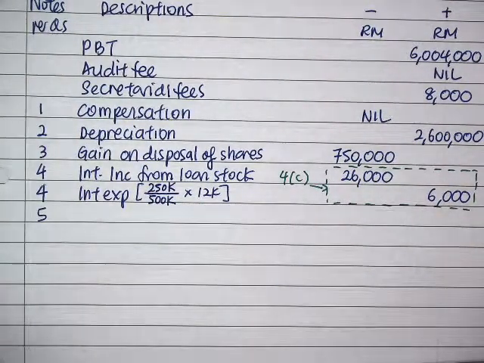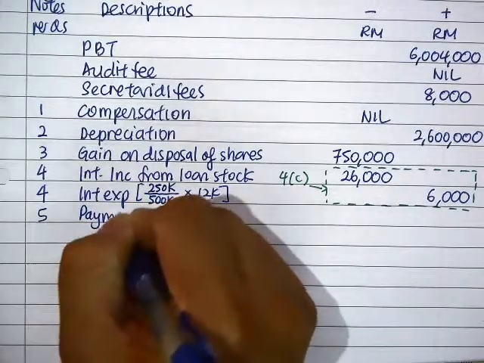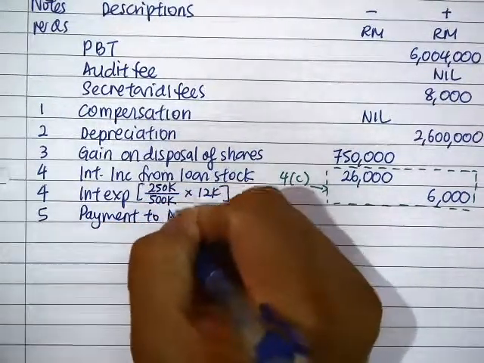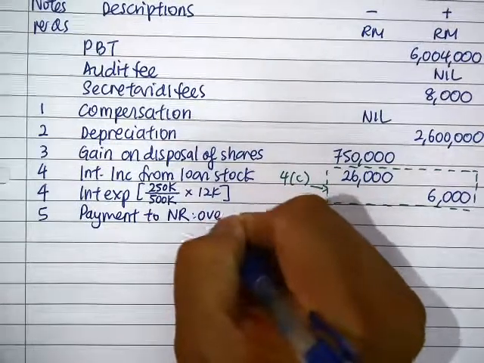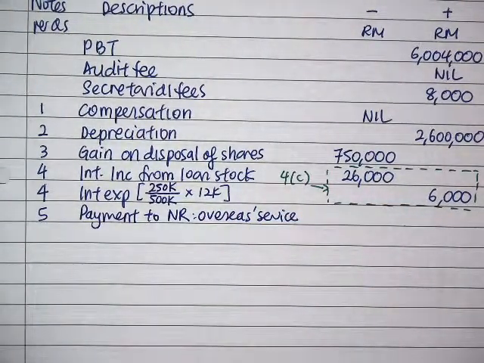Now HSB paid the equivalent of 10,000 ringgit to a non-resident company for services performed overseas relating to testing of its exported product. Now no withholding tax was deducted on this payment. So this is a payment to a non-resident for overseas service.